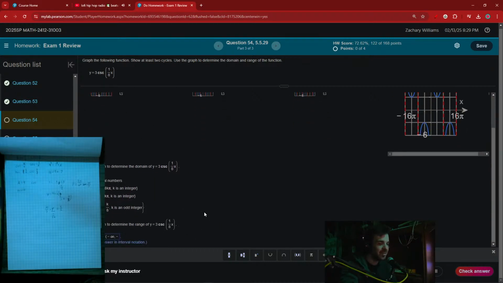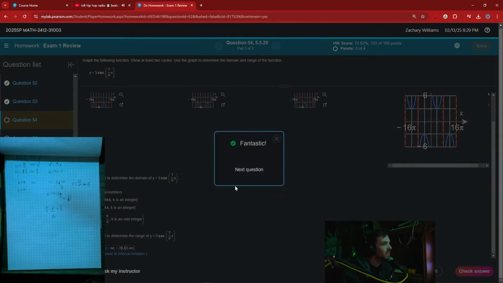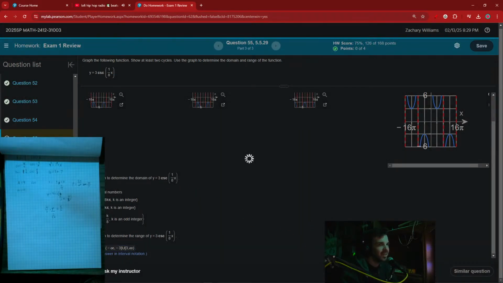Dude, sometimes the equal sign looks like a negative sign. I thought I had gotten away with something horrible. Okay, then you got the union, and you got the bracket, 3 to infinity, and a close parenthesis. Fantastic.